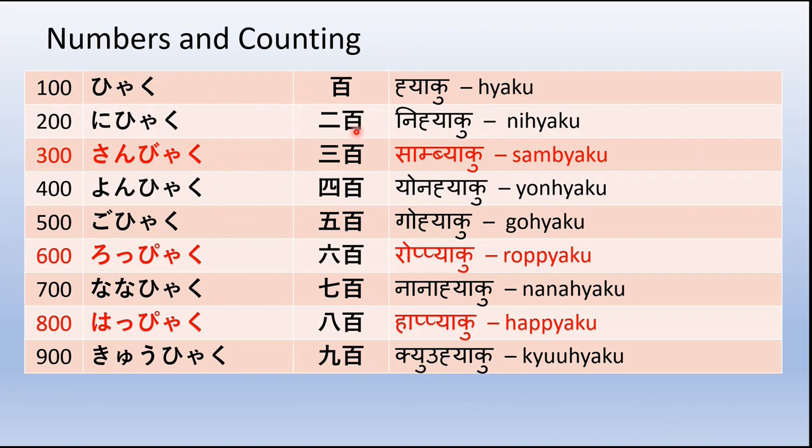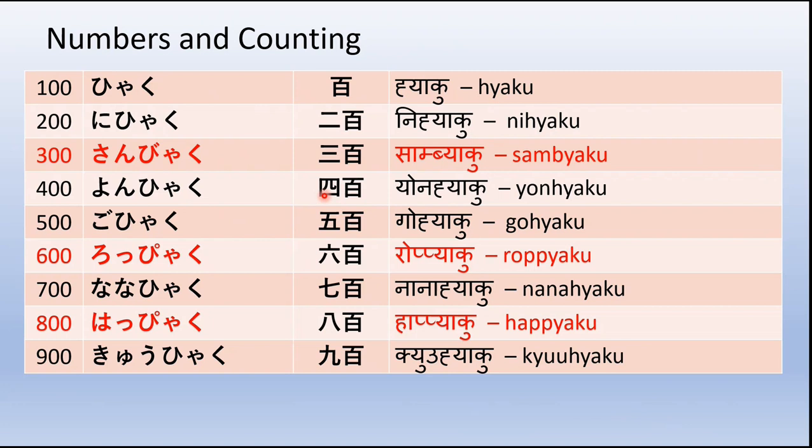Then we have 300, which should have been Sanhyaku, but we call it Sambyaku. So this is Sanhyaku, but when it is pronounced, it is known as Sambyaku. This is for the ease of pronunciation. And this is the kanji, 3 multiplied by 100, that is 300. Sambyaku.